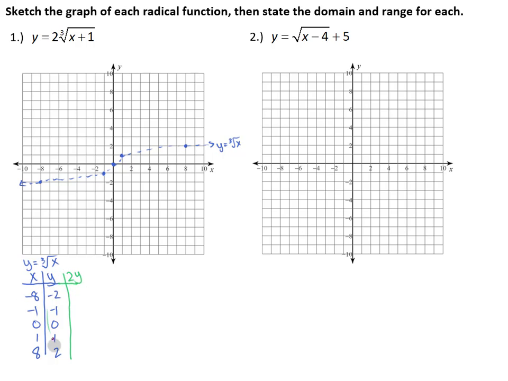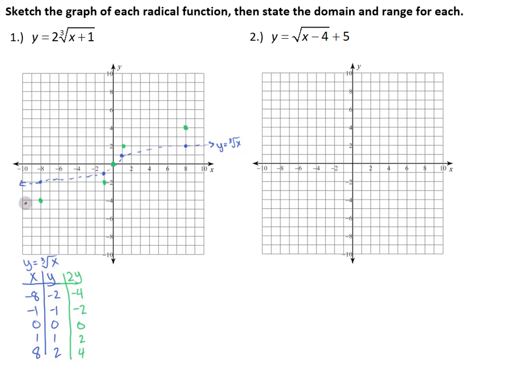So for just the center column, we're going to multiply all those values by 2, which gives us -4, -2, 0, 2, and 4. Now we plot these new points, which are (-8, -4), (-1, -2), (0, 0), (1, 2), and (8, 4).